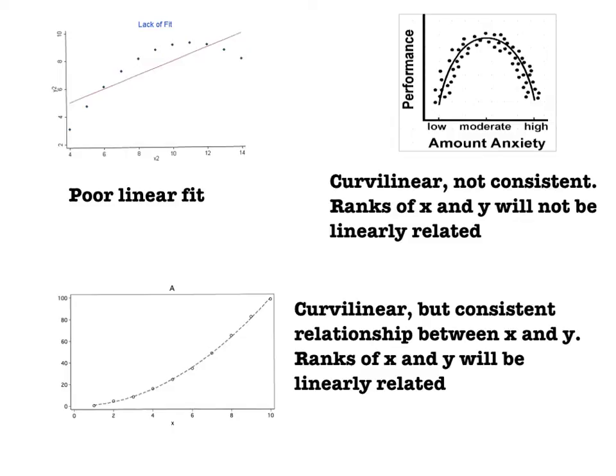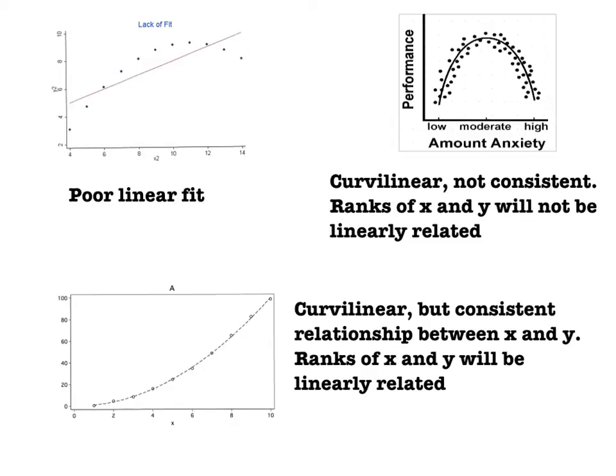This is a familiar Yerkes-Dodson curve, which shows that low or high amounts of anxiety are related to poor performance, but moderate amounts of anxiety are related to better performance. It would be impossible to fit a straight line to these data, but more importantly, because the relationship is not consistent, it has both a positive and a negative slope, it would not be possible to describe it linearly using the ranks of x and y.